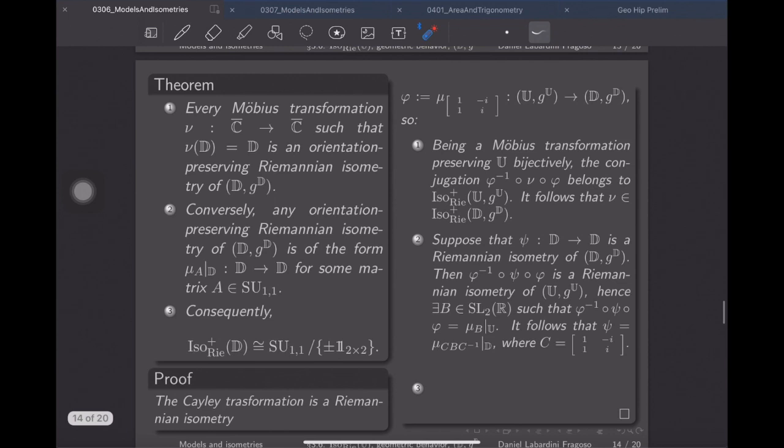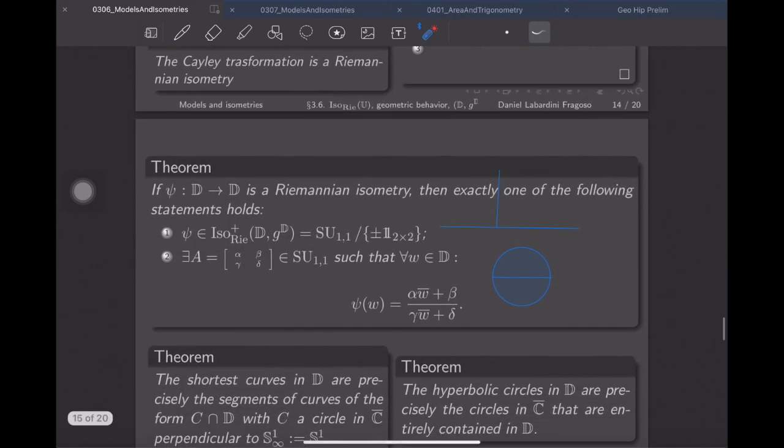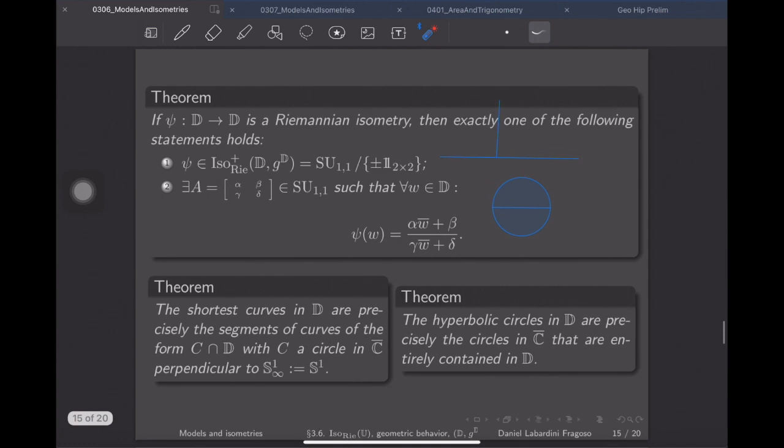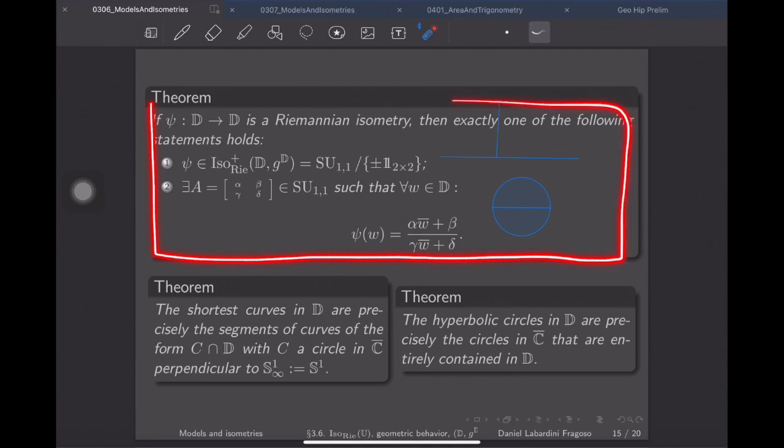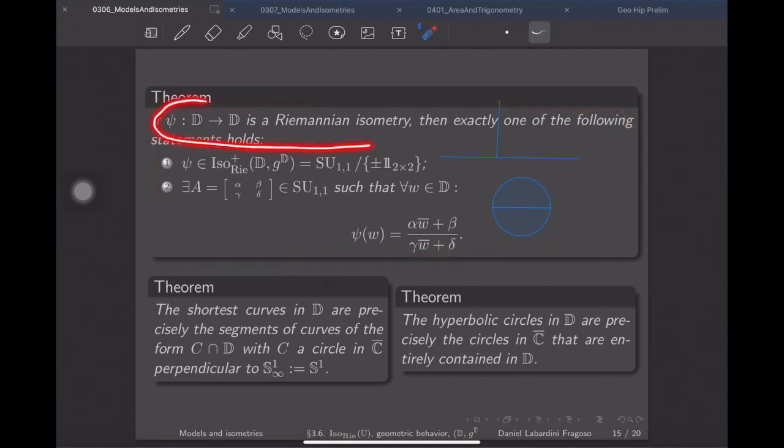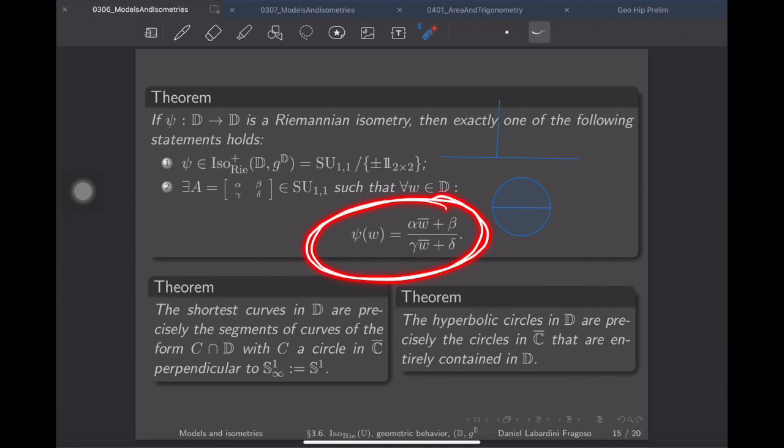And so in particular, we compute the full group of Riemannian isometries that preserve the orientation. Also we can give a full description, explicit formulae, for all possible Riemannian isometries of the Poincaré disk. They are either given by Mobius transformations that preserve the disk bijectively, or they are given by some modified Mobius formula.